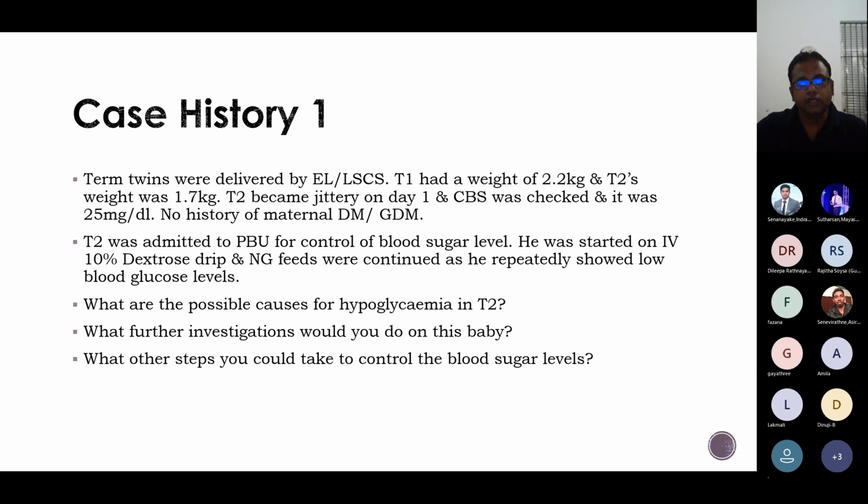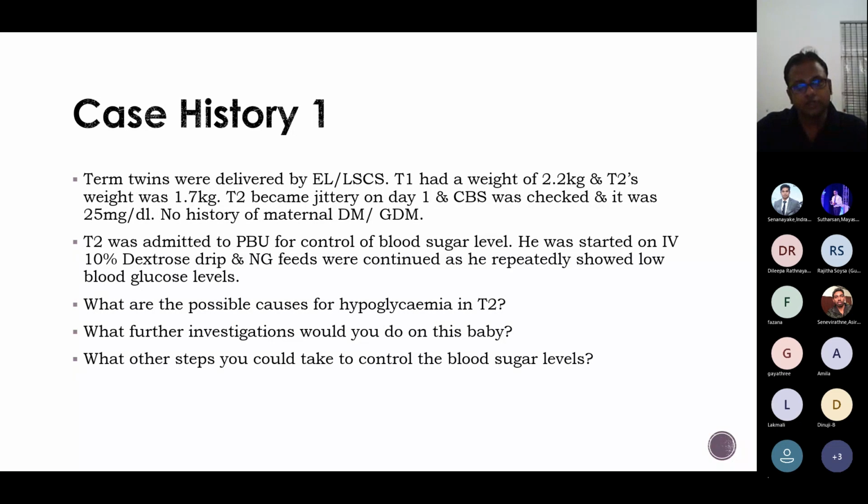To check blood sugar levels in neonates, there are specific neonatal glucometers, which I don't think we have in Sri Lanka at the moment. If we use glucometers made for adults, it will not give an accurate reading in neonates, right?